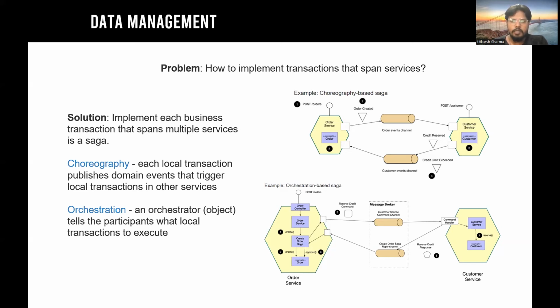First, there are two approaches to Saga. One of them is the choreography based approach. In the choreography based approach, your request will be propagated to the different services, and they will be propagated again in the reverse order.